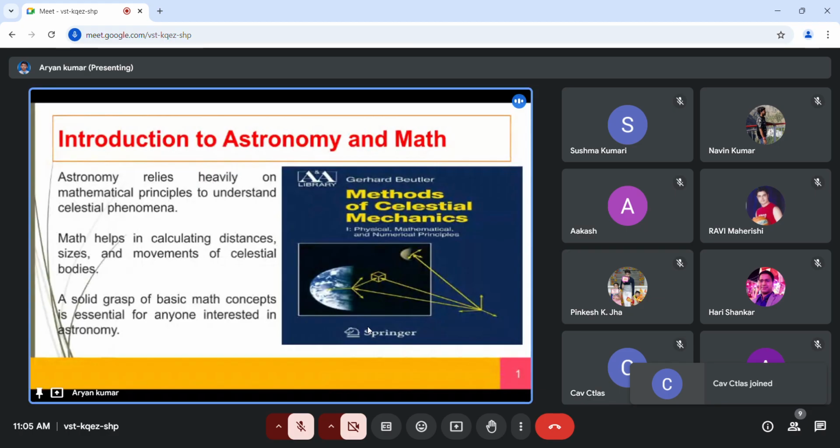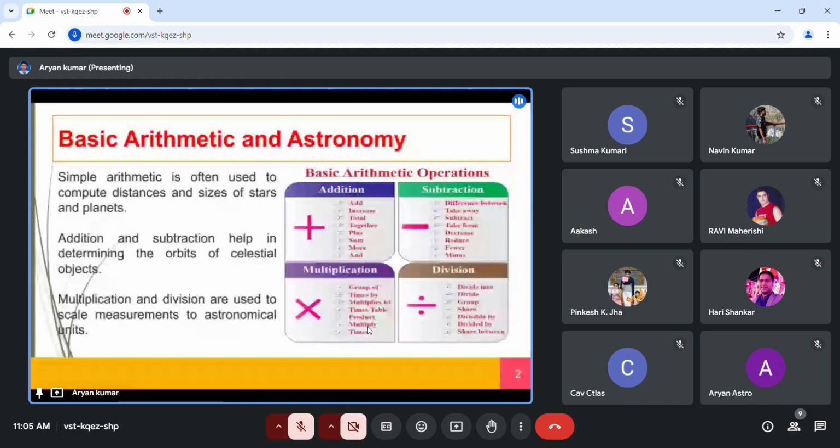So now we are going to start, and as we know, basic arithmetic includes addition, subtraction, multiplication, and division. Simple arithmetic is often used to compute distances and sizes of stars and planets. Addition and subtraction help in determining the orbits of celestial objects, and multiplication and division are used to scale measurements to astronomical units.